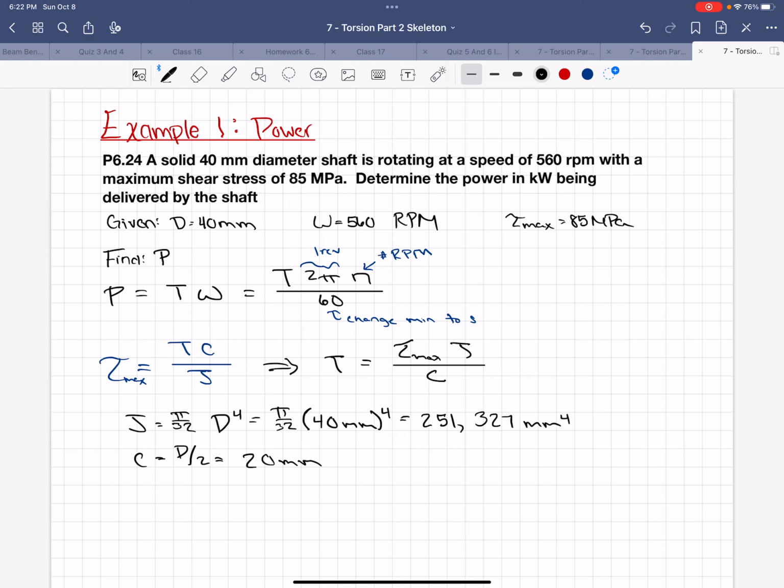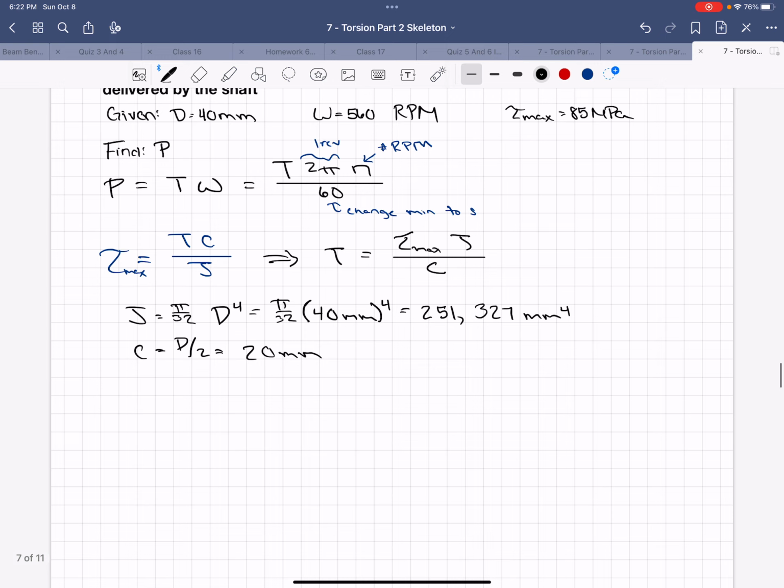Now we can solve for the torque. So the torque equals shear stress max, which is 85 megapascals, so that's newtons per millimeter squared, times J, 251,327 millimeters to the 4th, divided by C, which is 20 millimeters.